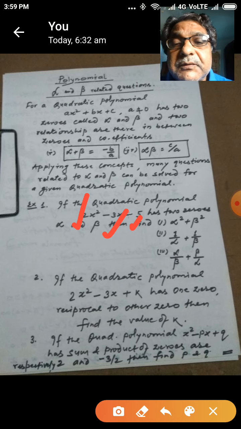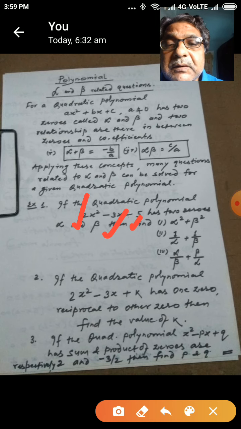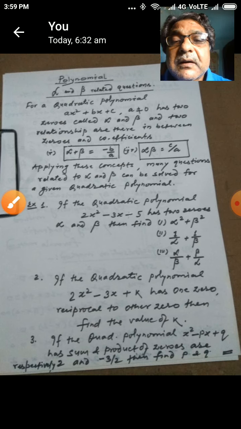Now first we will calculate alpha plus beta, which is equal to minus b by a. So in this case alpha plus beta will come minus of minus 3 by 2, that is equal to 3 by 2, whereas alpha into beta is equal to c by a, that is minus 5 by 2.